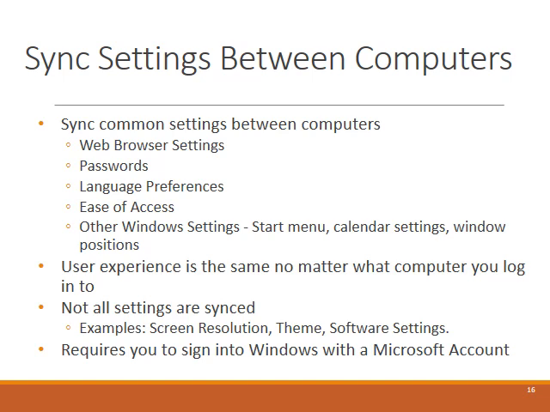With the sync settings feature turned on, you can sync common settings such as web browser settings, so your history, for example, passwords, and language preferences. You can sync your ease of access settings. So if you're hard of hearing or hard of sight, you can configure your ease of access settings once and then sync them across all your computers.